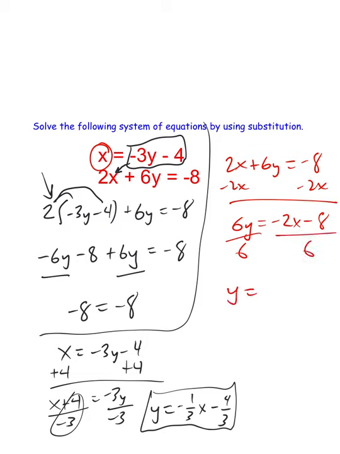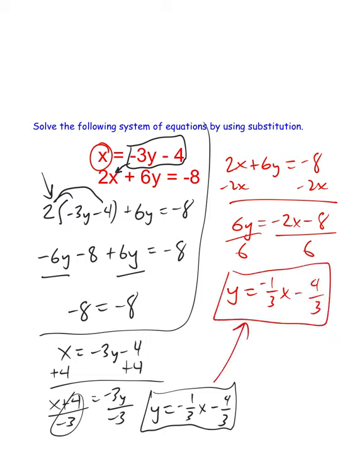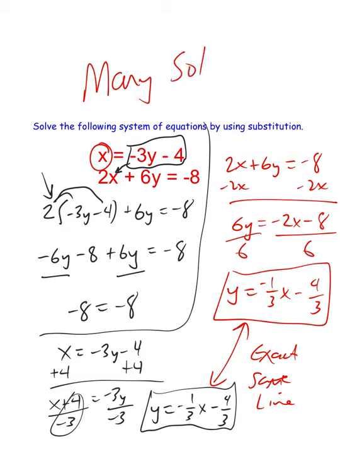That gives us y equals -2/6, or -1/3 x, and then -8 over 6 is also -4 over 3, and you can see what happened. These are the exact same line. So for that reason, when that happens, our answer ends up being many solutions.